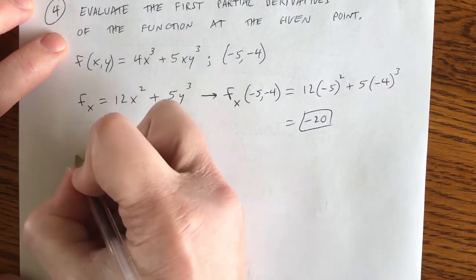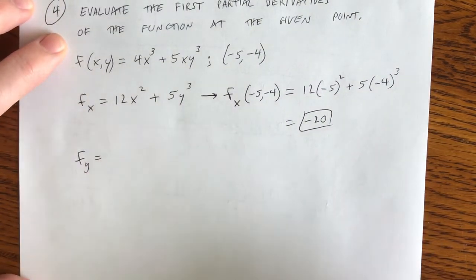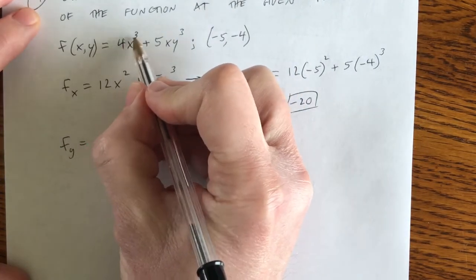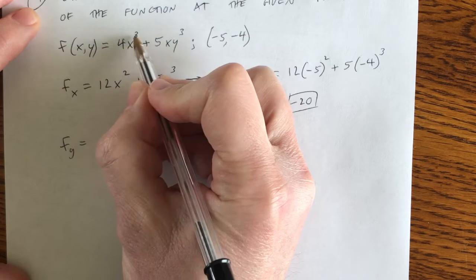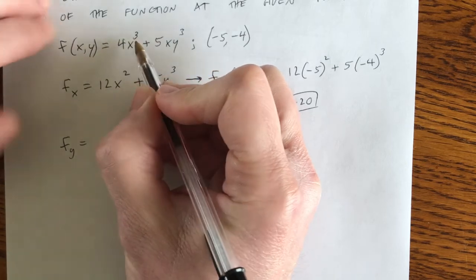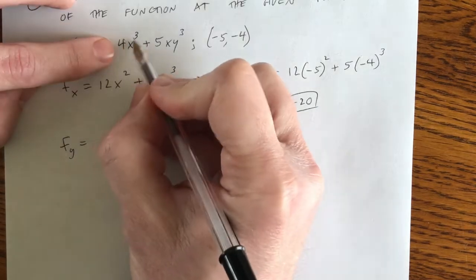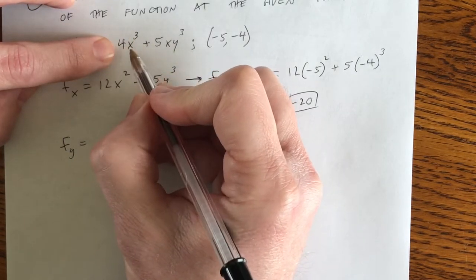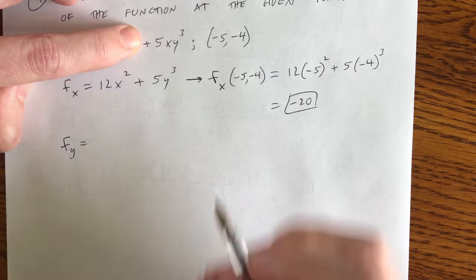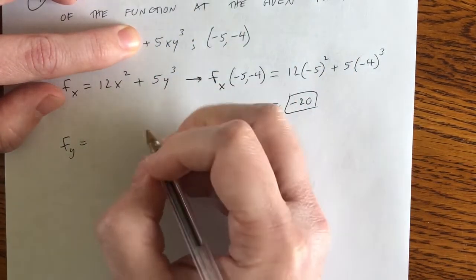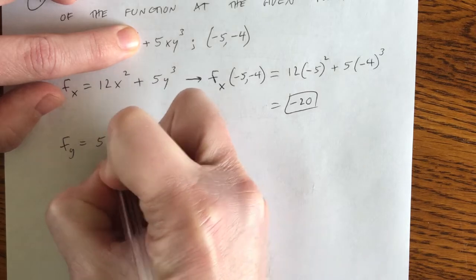All right, the next one then would be the first partial with respect to y. So this is all now considered to be a constant because, again, you're just differentiating with respect to y. So the derivative of this is 0. It's gone. Okay, moving to the second term. The x is considered to be, again, a constant, so you get 5x.